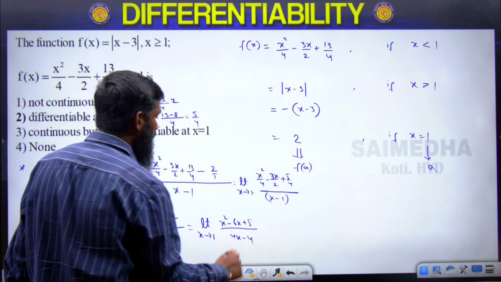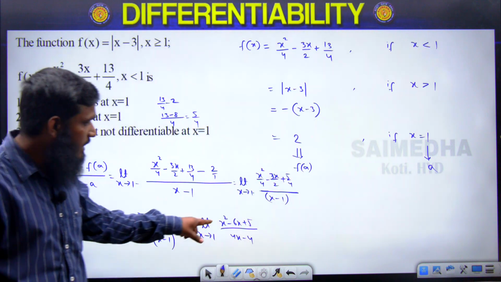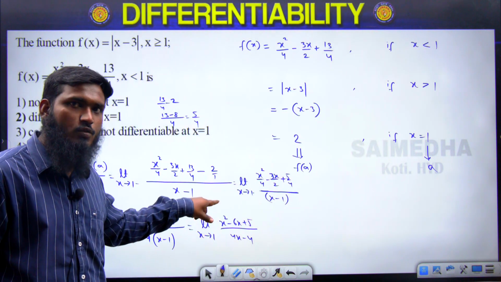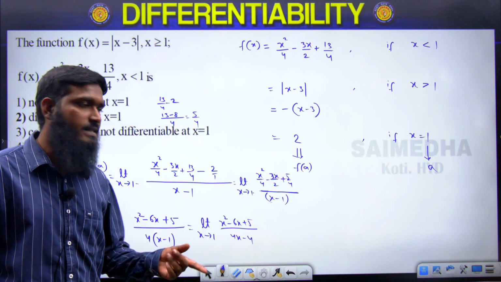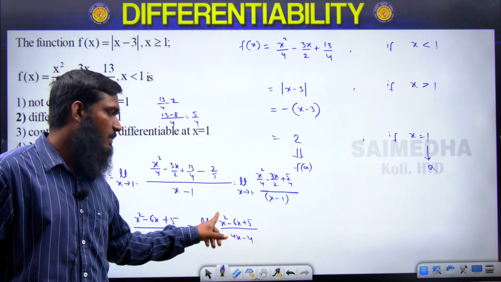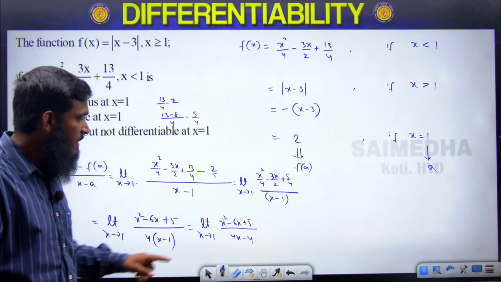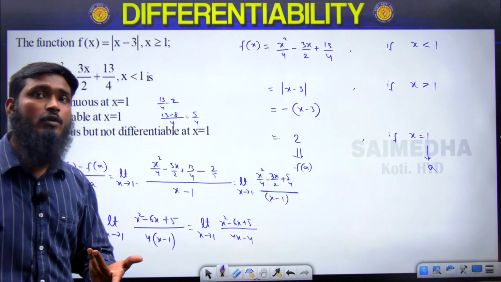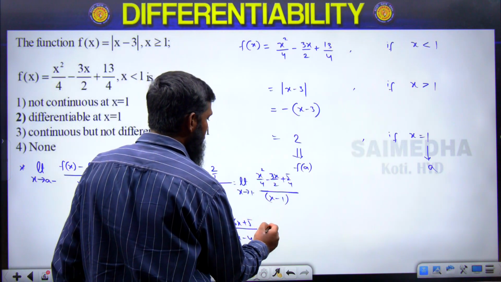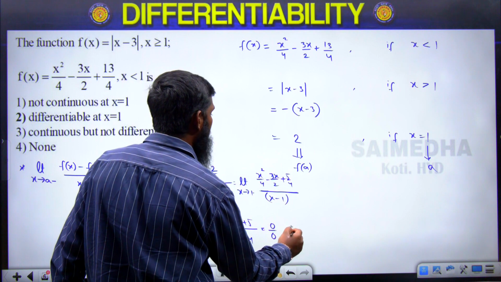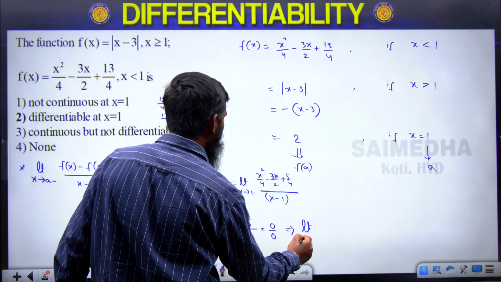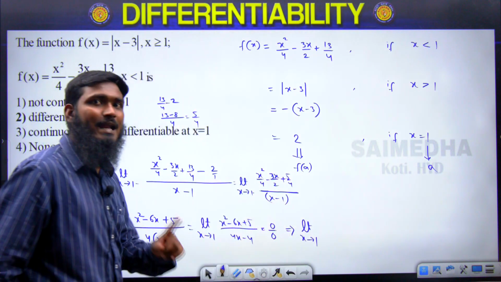Now we have to apply the limits. If you are applying the limit over here, x value means 1, 1 square will become 1, 1 plus 5 is 6, 6 ones are 6, 6 minus 6 means 0, divided by 4 ones are 4, 4 minus 4 is 0, so we are getting the answer as 0 by 0. So for this, limit x tends to 1, we have to apply L'Hospital rule.